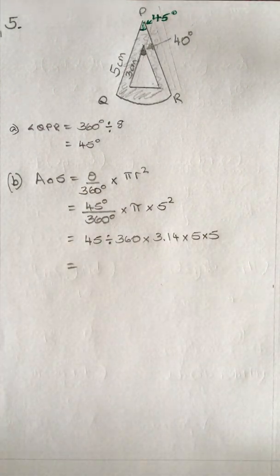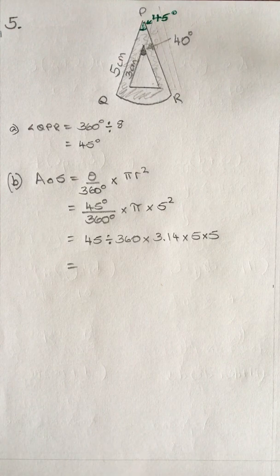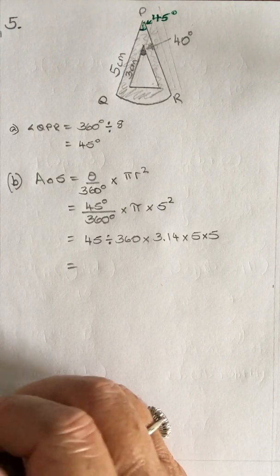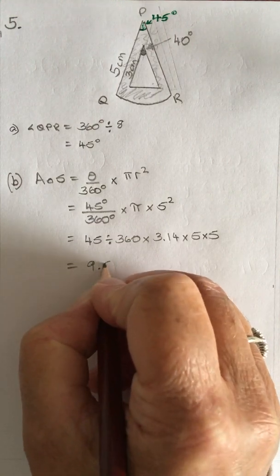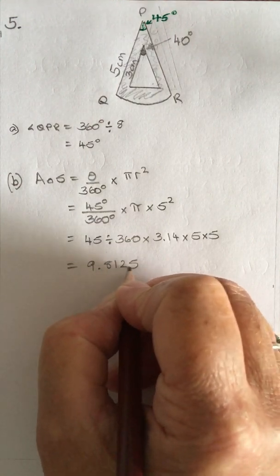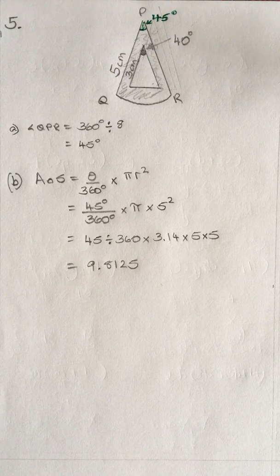Okay, so I'll just put that in, 45 divided by 360 times 3.14 times 5 times 5. So the answer to that is 9.8125.